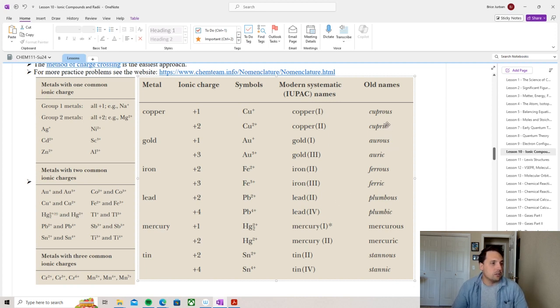And we can also use an older naming system where the smaller charge gets the suffix -ous and the larger charge gets the suffix -ic. The reason I'm bringing this up is a lot of literature still uses this naming system, and I want you to at least be familiar with it if it ever were to come up. But for all the problems I'll be asking, I'm expecting you to just use the modern naming system.